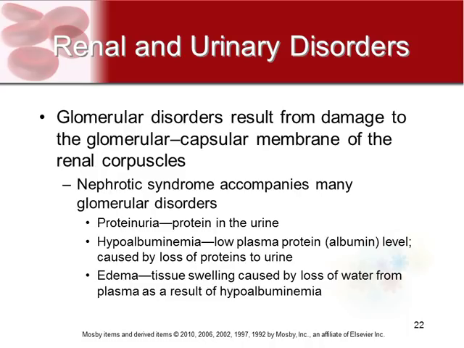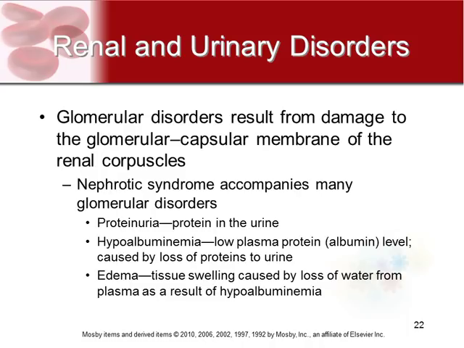You can have hypoalbuminemia, which is when you have a low plasma protein albumin, and that's caused by the loss of proteins to urine. That's when your plasma protein level is really low, and that's sometimes because you have proteinuria. Because you're losing it in your urine, there's not very much in your blood, because it's being filtered out of your blood and excreted out of your body.